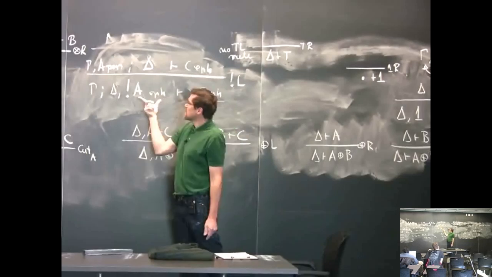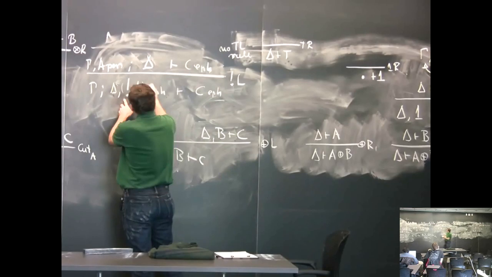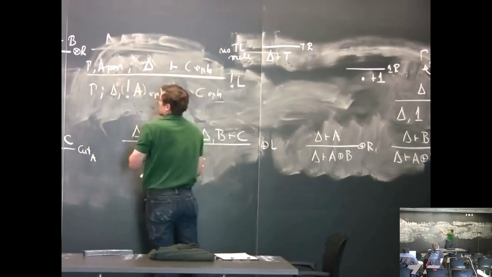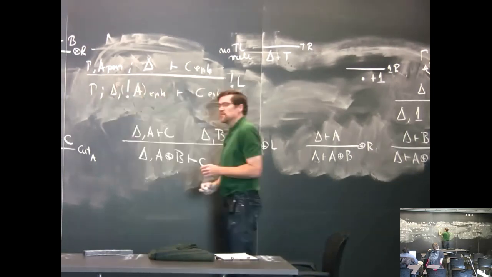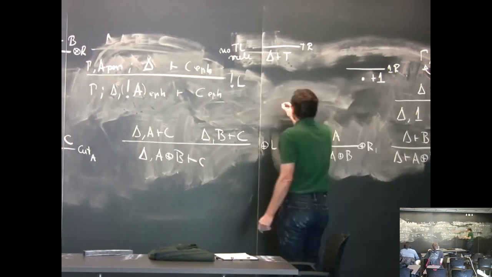If I have an ephemeral assumption, I can use it exactly once, like all ephemeral assumptions. The parentheses here are like that because that's a judgment applied to a proposition. This is a new proposition, so I put it into the context here. Now I can use it as often as I want. It just stays around.